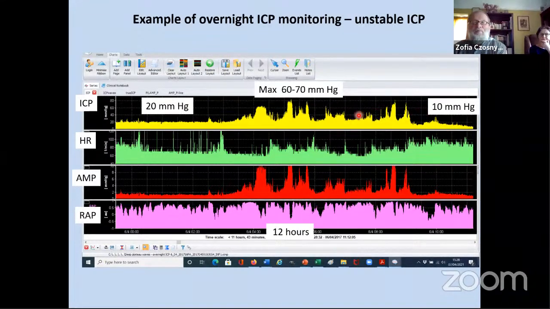And then we would miss these high elevations of intracranial pressure, which really characterize the patient. Notably, RAP is close to +1 all the time. Pulse amplitude reacts to changes in mean intracranial pressure. Every plateau wave, every vasogenic elevation of intracranial pressure has its equivalent rise in pulse amplitude.